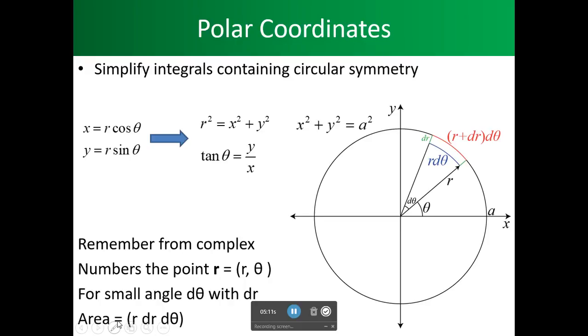Now the area is r dr. This is r. Then we're going to add that little difference, and d theta, which is the change in theta. This is theta, and this is the change in theta.